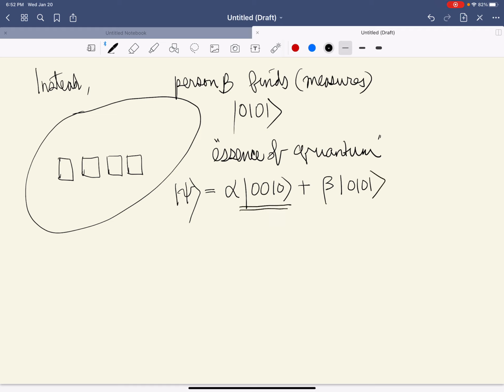So this is one possible state, and this is another possible state. Each state is multiplied by some number, and then you just add these two states together. And that's the true description of the quantum state.